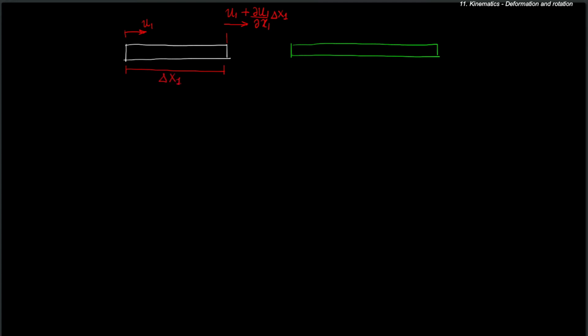Let us now derive the rate of linear elongation in one direction. Consider an element as shown oriented along the x1 direction whose length is delta x1. The velocity on the left end is u1, while the velocity on the other end is u1 plus del u1 del x1 times delta x1 plus del 2 u1 del x1 2 times delta x1 square upon 2 factorial.